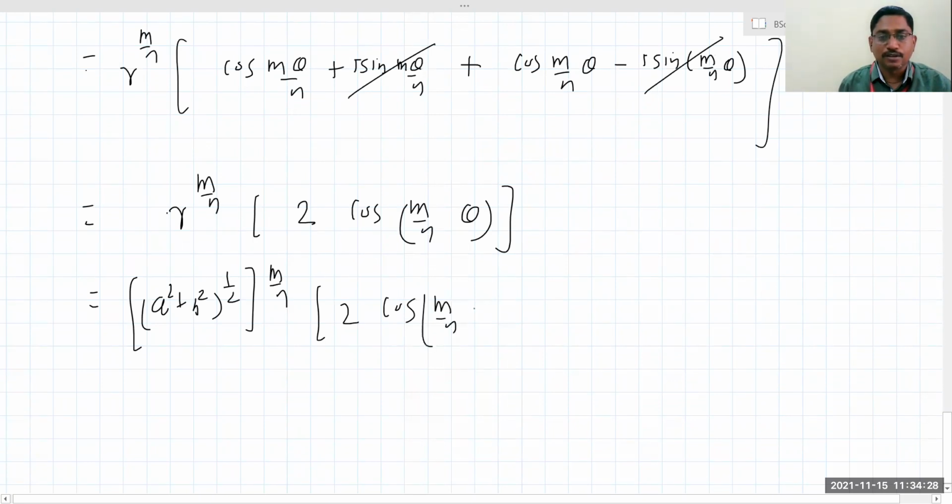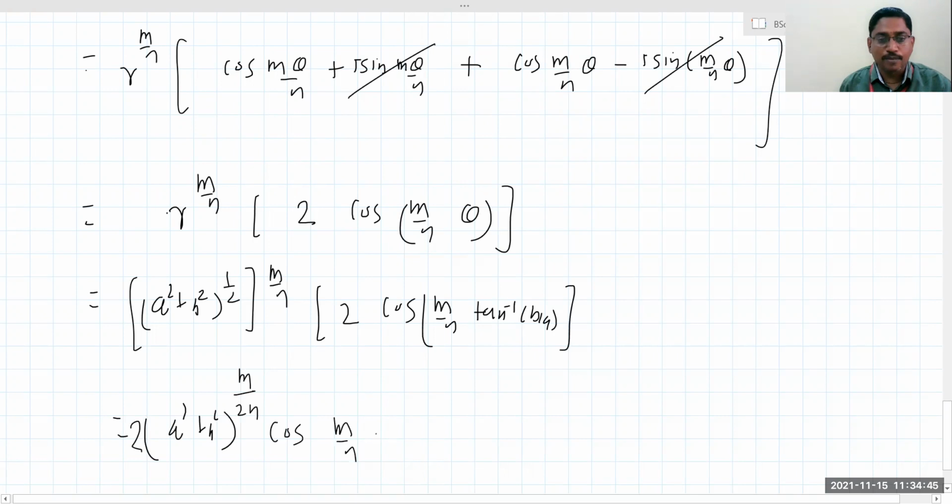But what is theta? Theta is tan inverse b upon a. So finally (a square plus b square) to the power m upon n multiplied by 1 upon 2, that is m upon 2n. 2 I can write here. Cos of m by n, theta is tan inverse b upon a. And this is your right hand side.